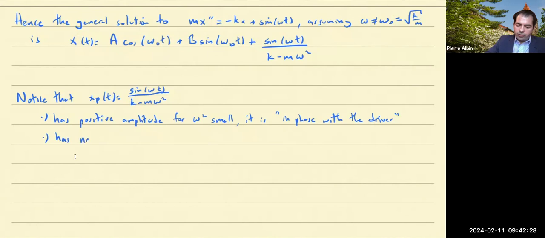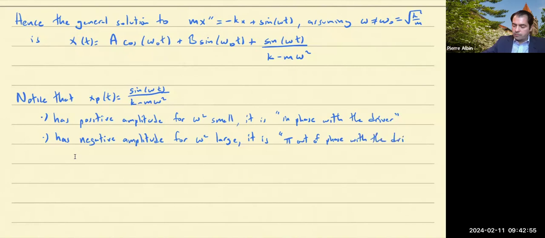The particular solution has negative amplitude for omega squared large, so in this case, it's counteracting the natural vibrations. So we say that it is pi out of phase with the driver.